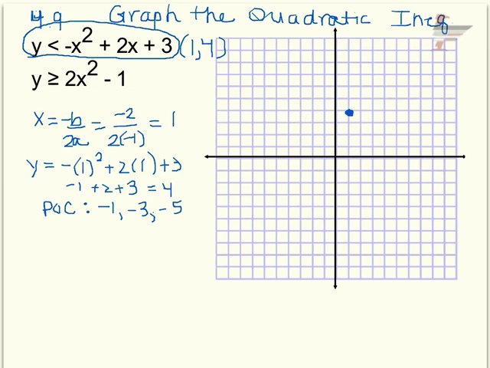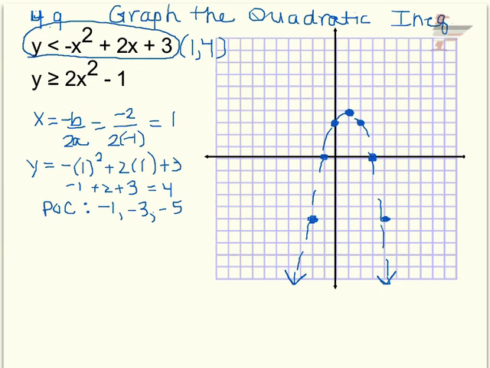So I'm going to go over from my vertex, over 1, down 1, over 1, down 3, over 1, down 5, and from my vertex I'll go the other way, over 1, down 1, over 1, down 3, over 1, down 5. And then because there's no equal sign underneath that inequality, I know it's a dashed parabola, and that's the easiest thing to forget, so just try to remember that when you take your test.